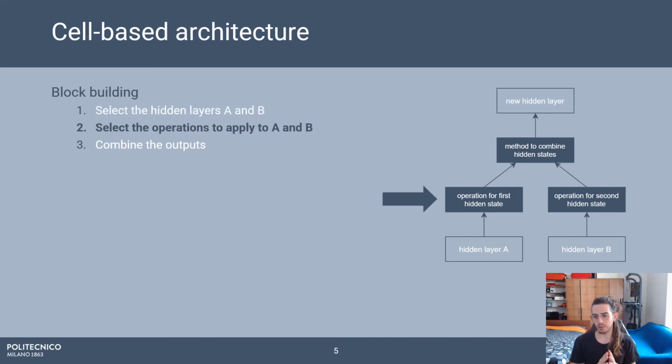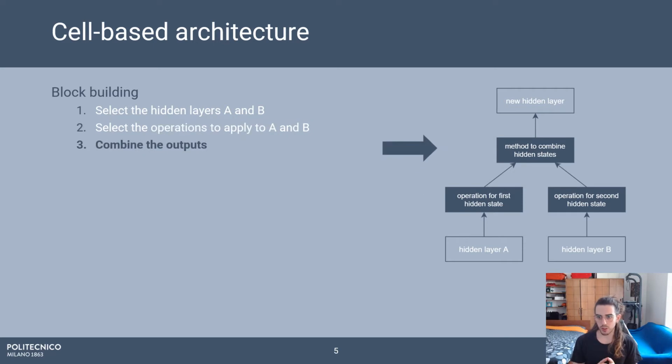In our case, we will deal with convolutions and pooling operations. And finally, we have another kind of operation which has the goal to combine the outcome of the two previous operations. In our case, we have chosen the concatenation.